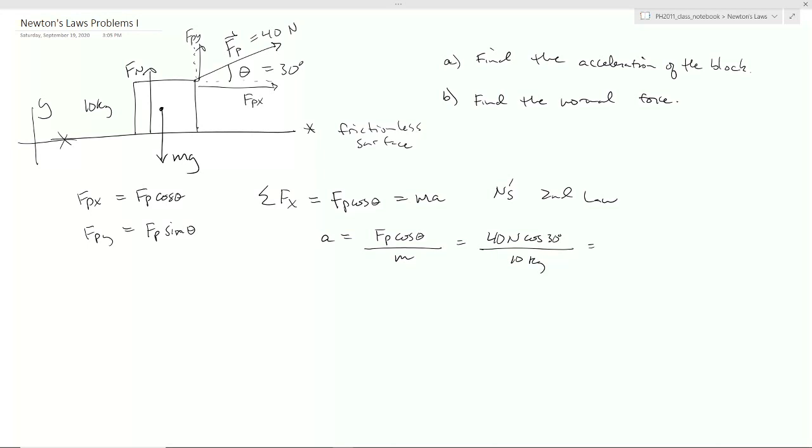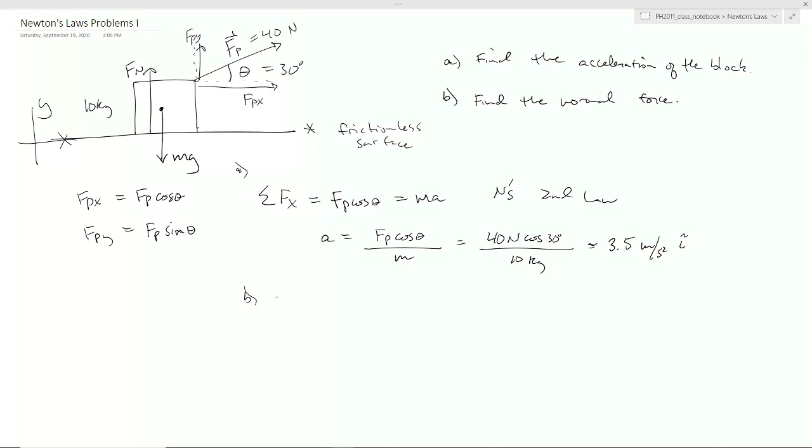When we crunch the numbers, we would find that this gives us 3.46. Let's give ourselves the right number of significant digits: 3.5 meters per second squared in the i hat direction, so along the x axis. And so that's the acceleration calculated from the force and Newton's second law. So that's part A.